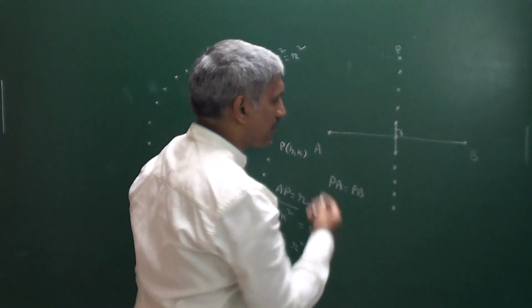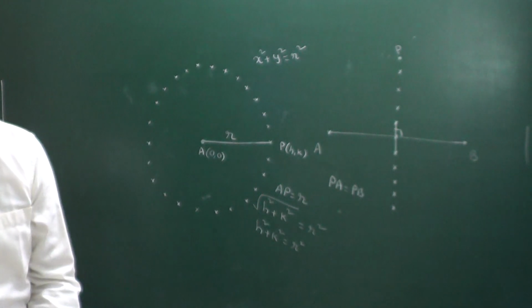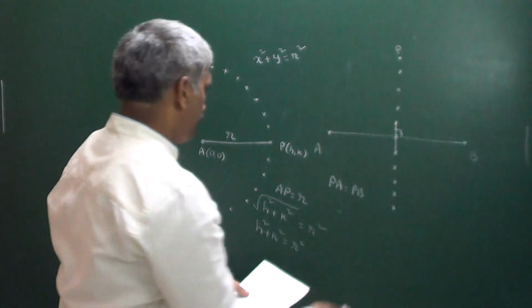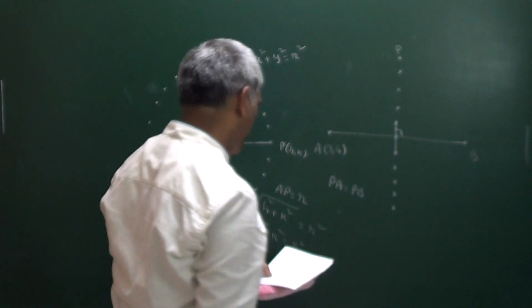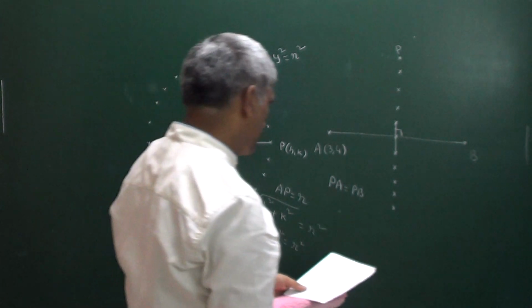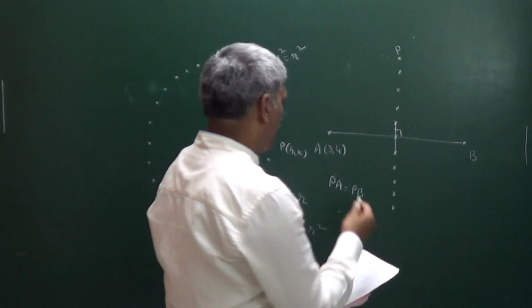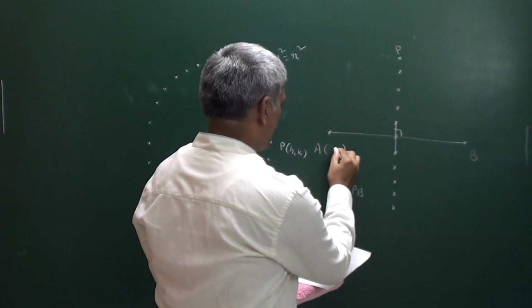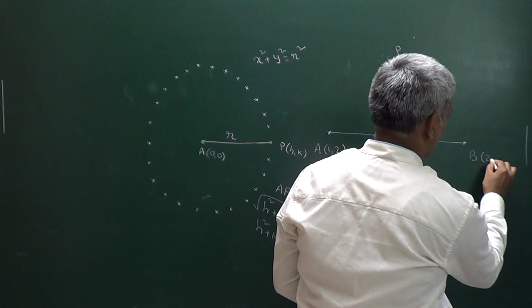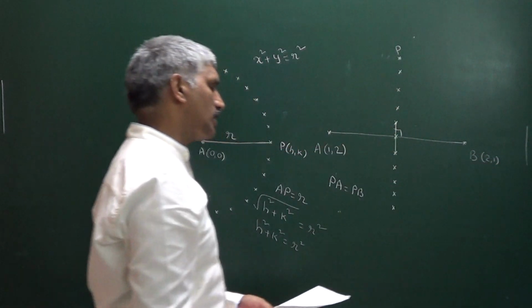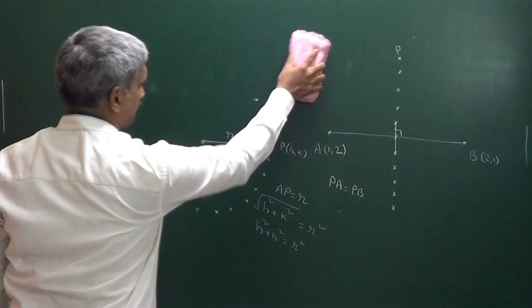Now here I am taking a question like this. One point is given as 1 comma 2, and this point is given as 2 comma 1.